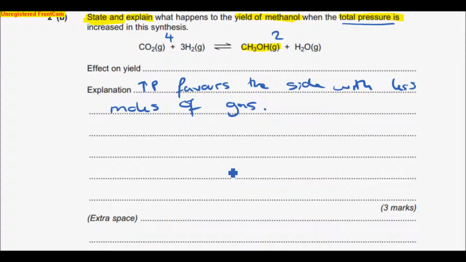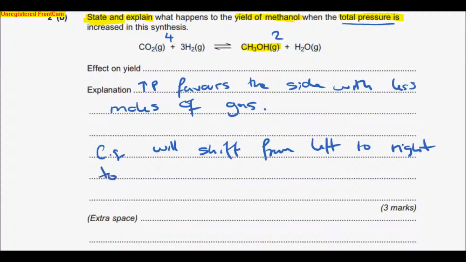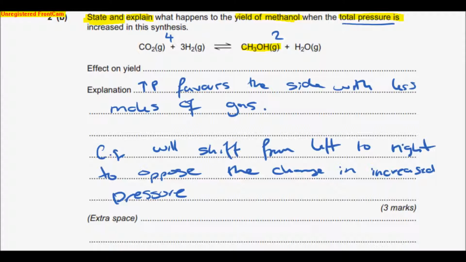Well, because I've got less moles of gas on the right hand side, the equilibrium will shift from left to right to oppose the change in increased pressure. Okay, so that's my answer for the first bit.